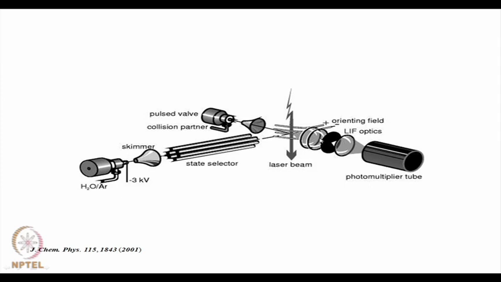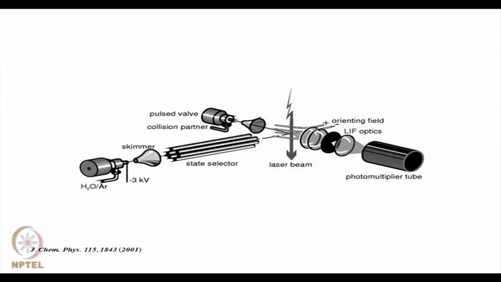So, what is happening is that you are measuring the light induced fluorescence from your products. There is a photomultiplier tube which detects the light induced fluorescence, with the corresponding optical arrangement here, and the laser beam excites the sample, and then you accordingly get the laser induced fluorescence.